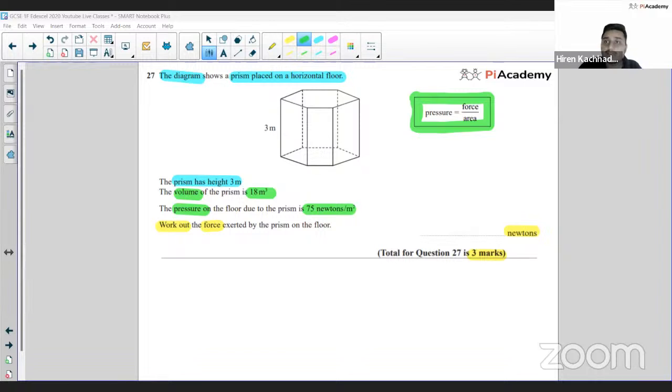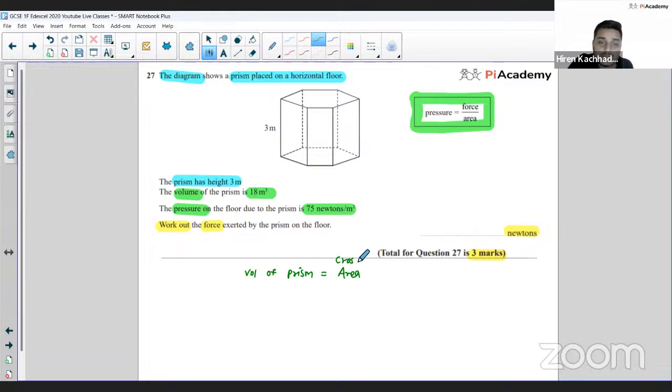Okay, so let's begin together. Here you have the height and volume, right? First of all, for a prism, we all know volume of prism equals what? Area times height. This area is the cross-sectional area.